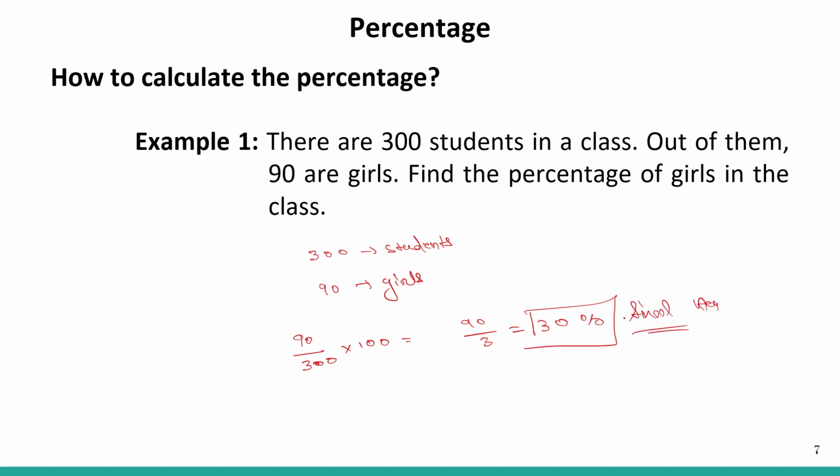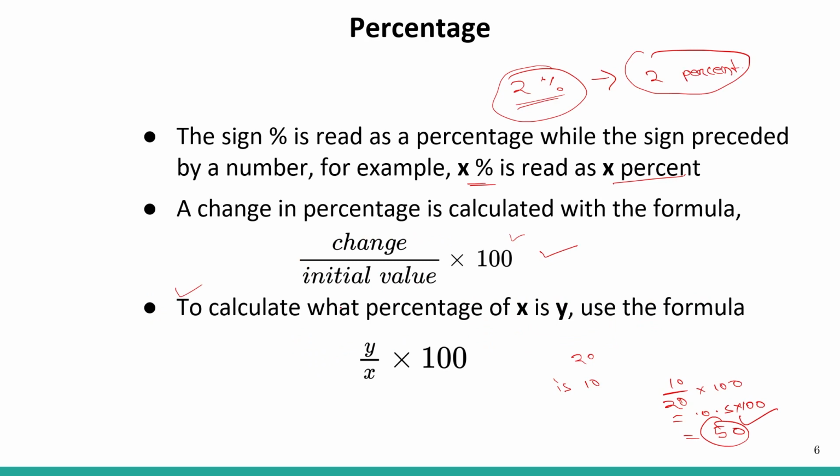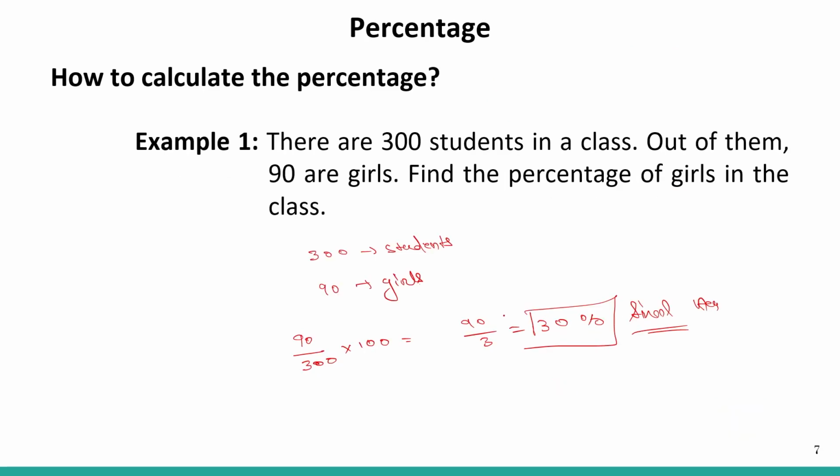Okay, so we use the formula of what percentage of x is y. So we try to calculate what percentage of 300 is 90.